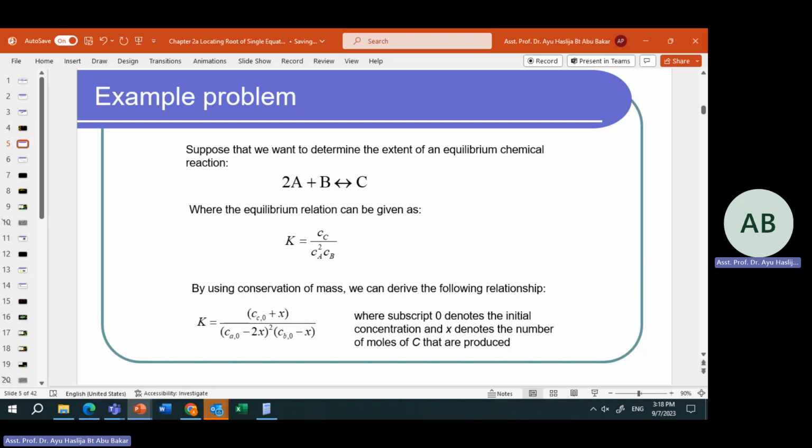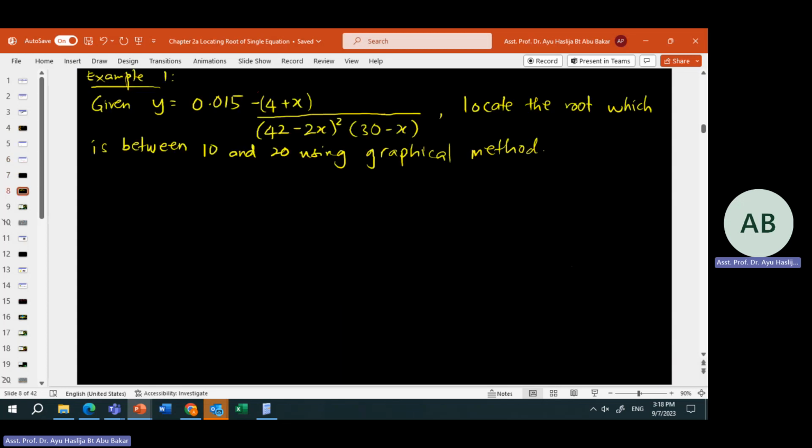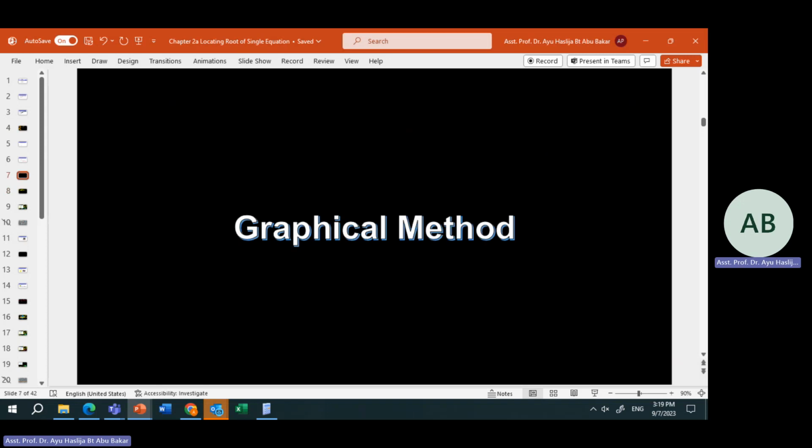Now this slide explains the process from the beginning in order to derive the equation. I will not go through this slide yet. I will just give you one example so that you can understand clearly what locating the roots is. Now, the first method is graphical, meaning that you need to draw the graph.